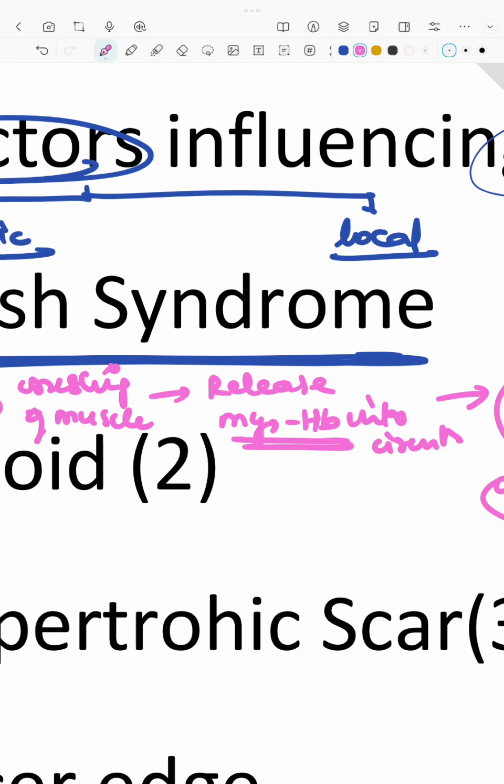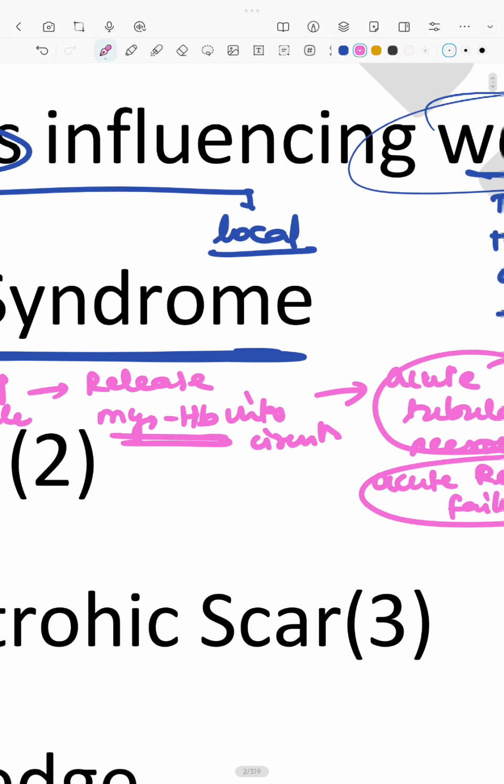Whenever this myoglobin is released into the circulation, it leads to acute tubular necrosis or acute renal failure. So what is acute tubular necrosis? There is kidney injury due to the death of the renal tubular epithelium. Tubular epithelial cells die, which causes tubular obstruction, leading to a decrease in the GFR. There are several causes of ATN. One is ischemic ATN and the other is nephrotoxic ATN.